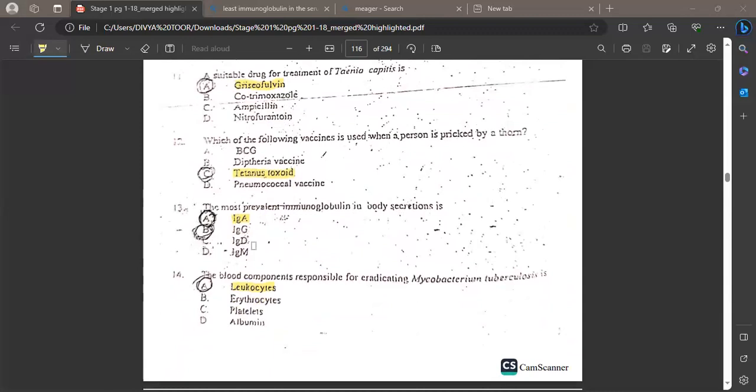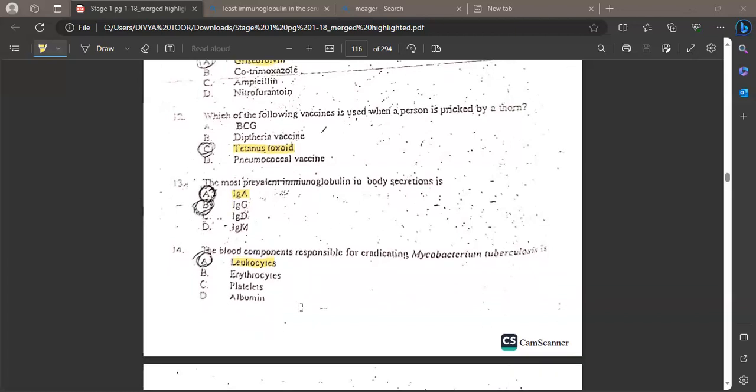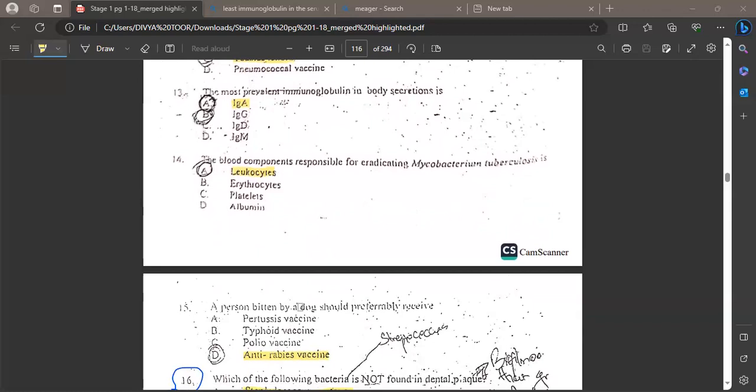Most prevalent immunoglobulin in body secretions is? Maybe I'd go with IgA because that's what Stanley told us. And then blood components responsible for eradicating.